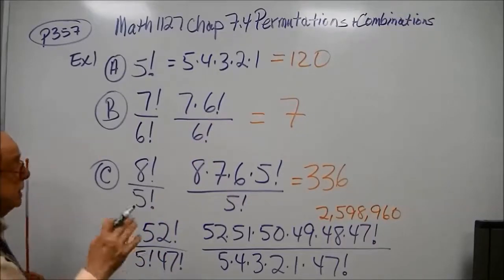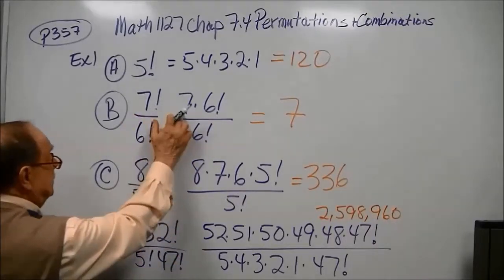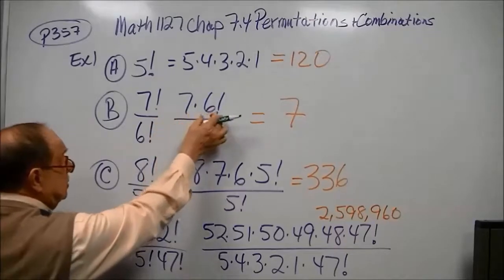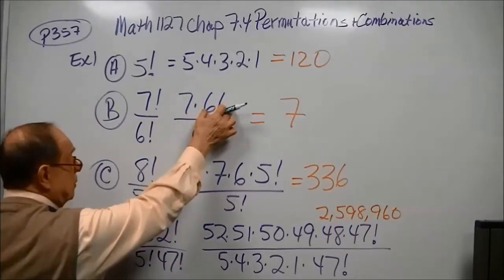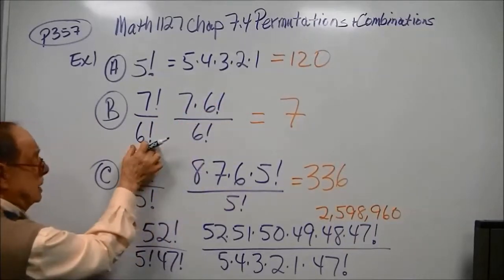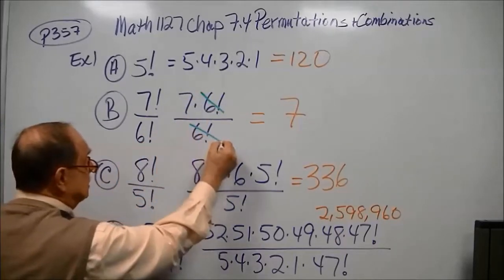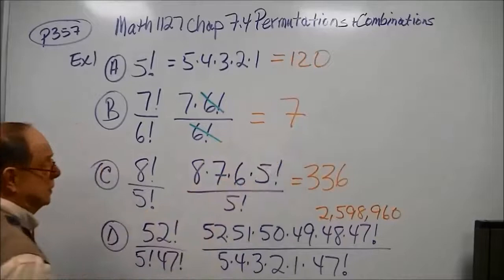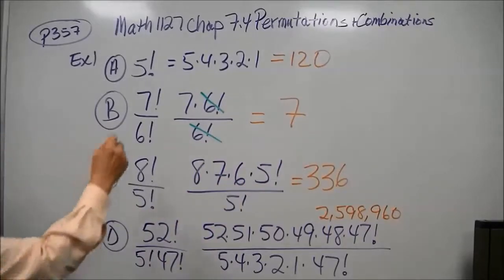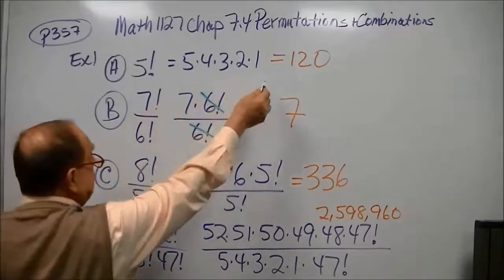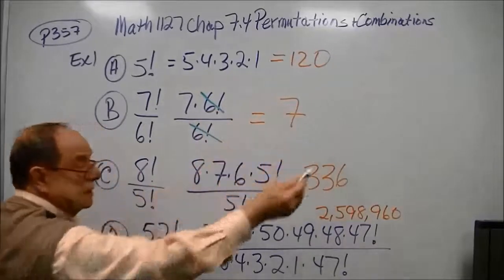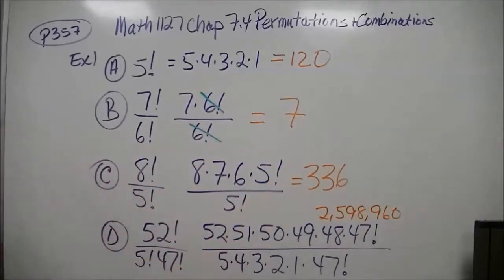So the strategy here is you write the 7, and then the number next to it is 6 factorial. But since our denominator is 6 factorial, these now cancel out, and you end up with 7. Now, if you wrote up all those numbers like this, they would just all cancel out as you go along.